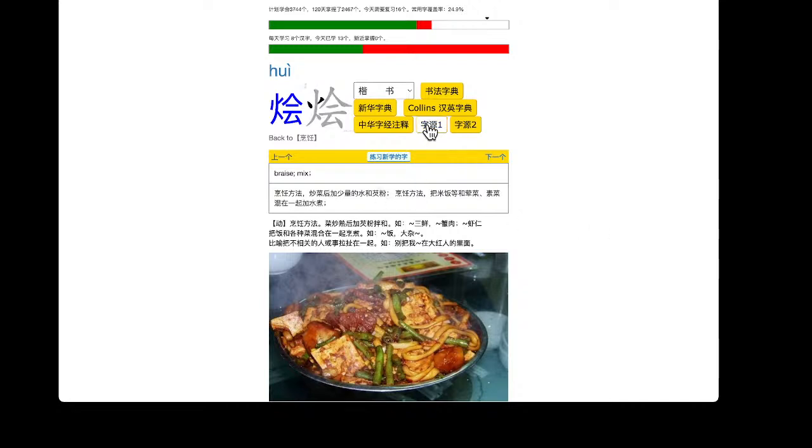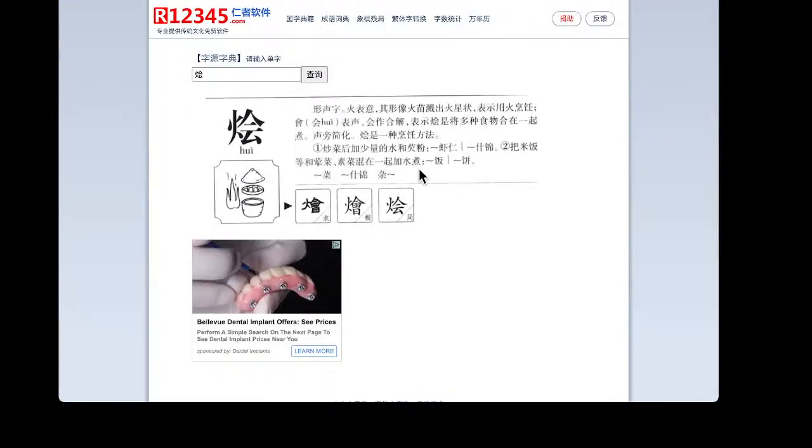So let's take a look at this character. Now this one, fire radical again, and then on the right hand side is 会. Now this 会 has the meaning of getting together, right? 会议, 开会, that means meeting. So you gather people together and have a discussion, making decisions, right?